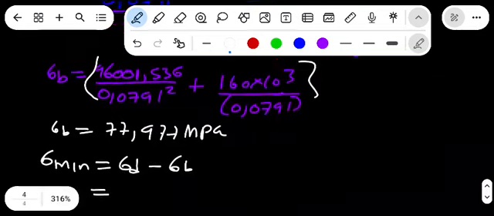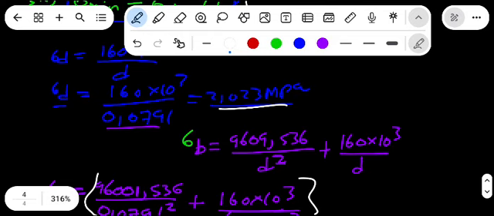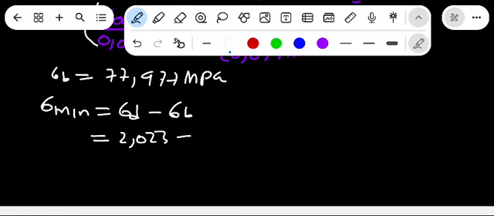The direct stress is 2.023, minus 77.977.